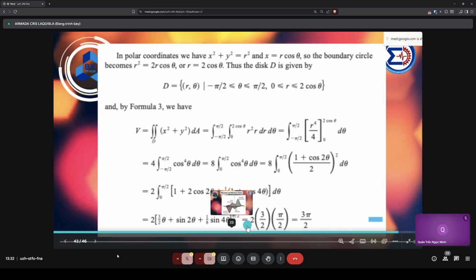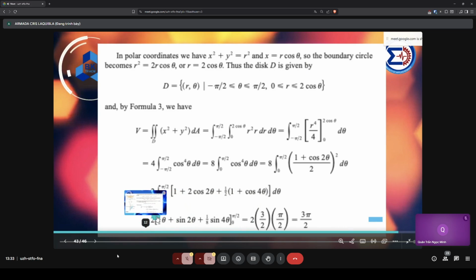Now you substitute there the pi over 2. No need for you to substitute the 0 because all of that will become 0. So just substitute pi over 2. So we have here 2 times 3 over 2. When you substitute pi over 2 here, that becomes sine pi, and sine pi is 0.